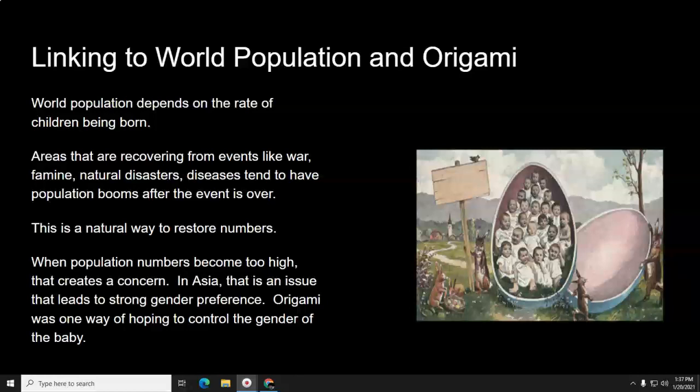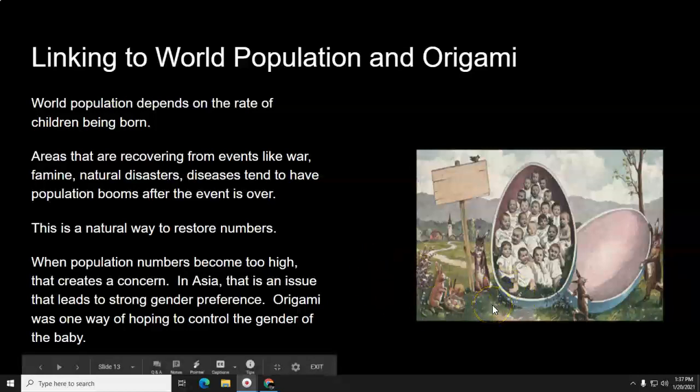But now that's reduced a lot. In Asia, because of population, that became an issue that led to a strong gender preference. And origami was one way that they hoped to control the gender of the baby. And we'll explain that. And over here on the right, you have the egg and rabbit thing, but that egg is filled with babies.